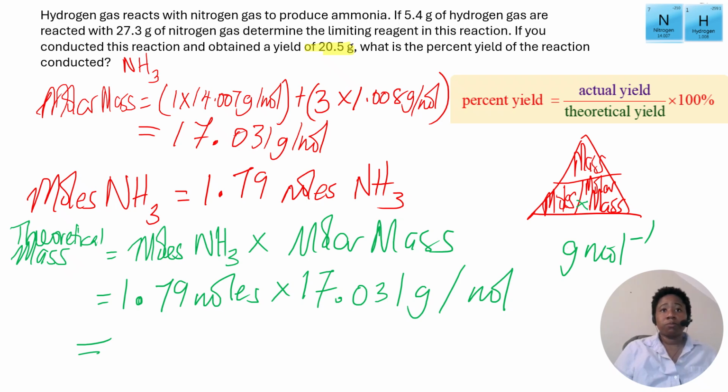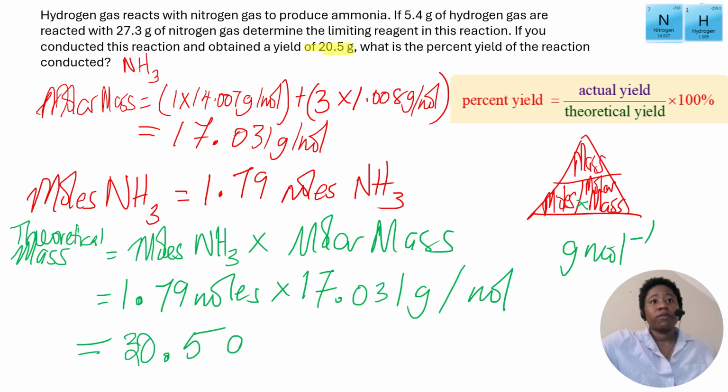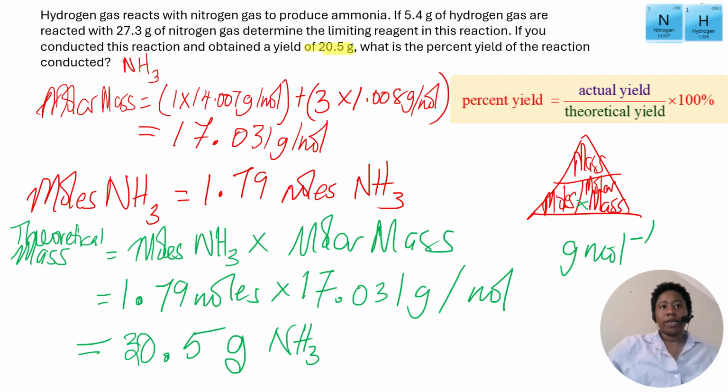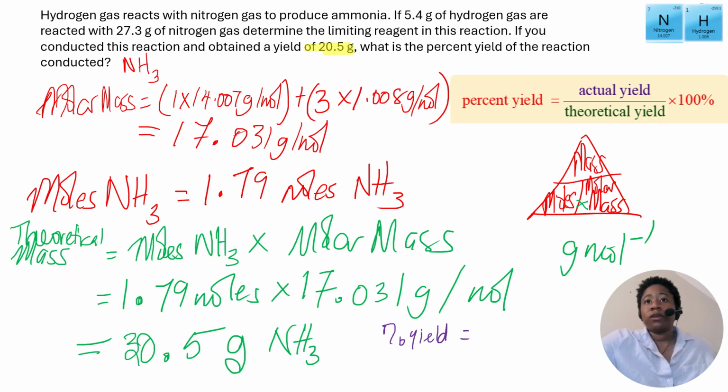1.79 times 17.031, and I'm going to report to 3 significant figures, so this will be about 30.5 grams of ammonia. So that's the theoretical yield, and we know the formula for percent yield is the actual yield, which we're given here in the question, 20.5 grams, and we said that the theoretical yield is 30.5 grams.